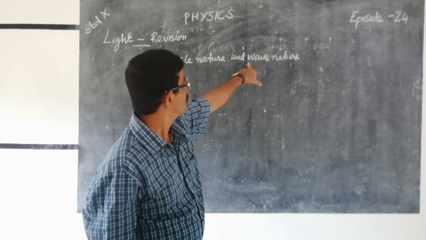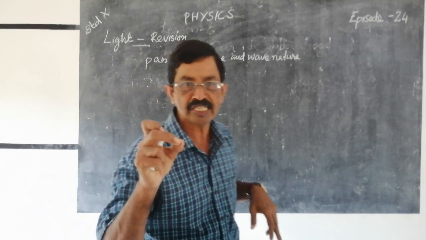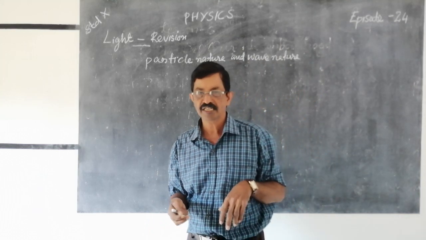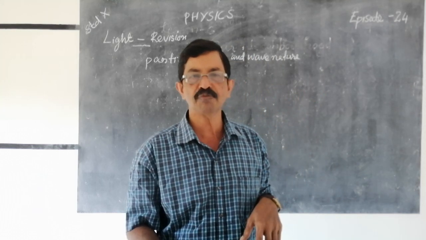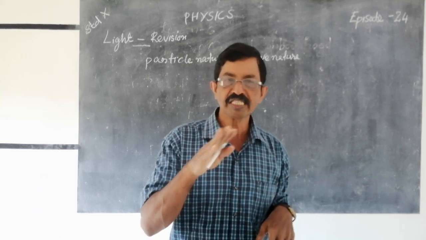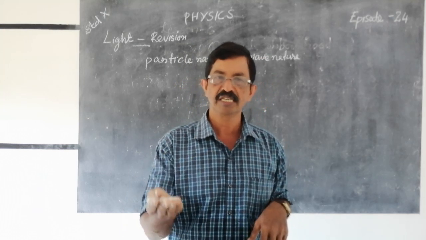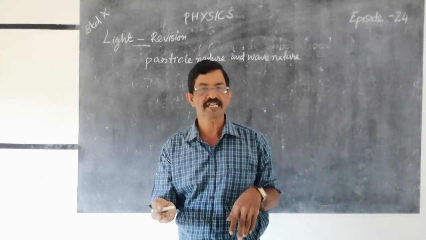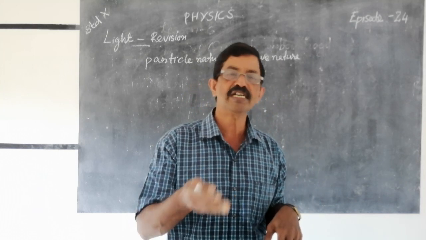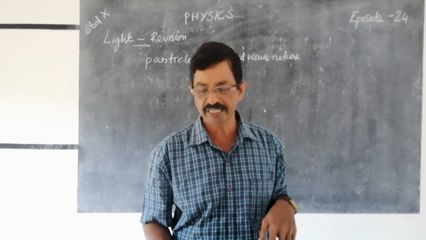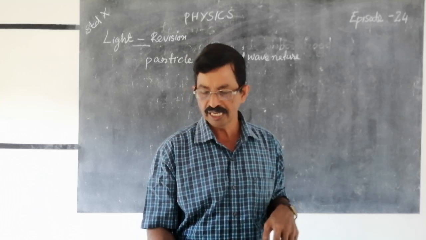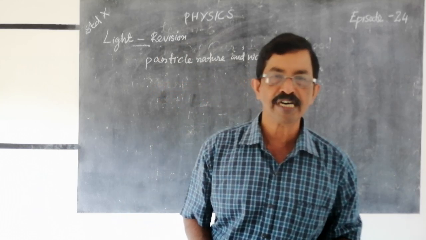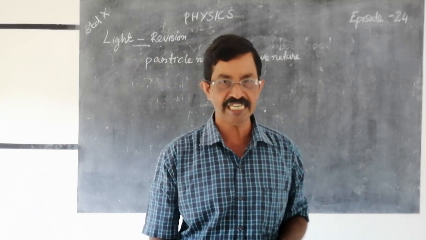In our ordinary consideration, we discuss that light travels along a straight line, but when we discuss diffraction, we consider wave nature. But when we consider photoelectric effects, etc., we want to consider the particle nature of light also. So the quantum theory of light explains that light has both particle as well as wave nature.